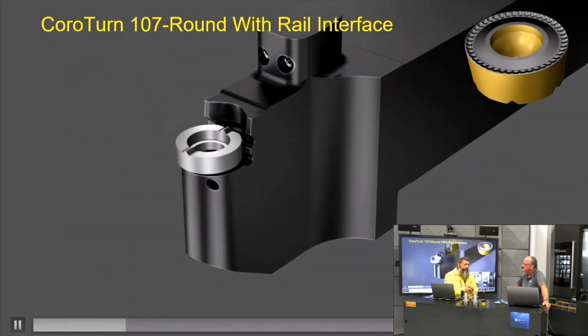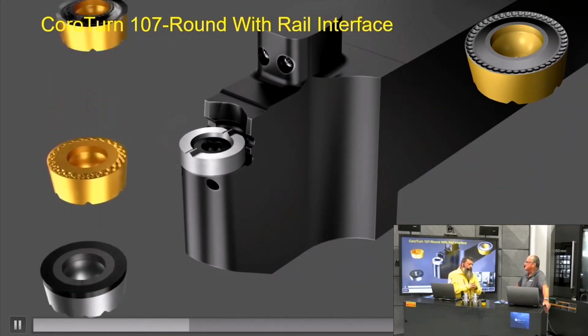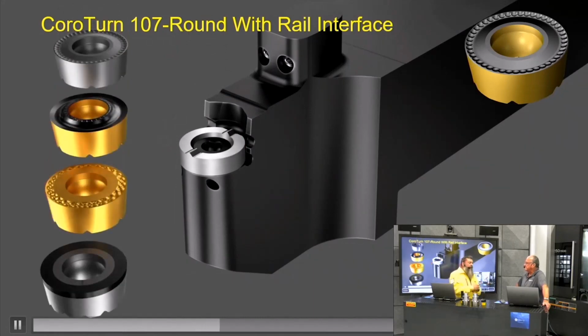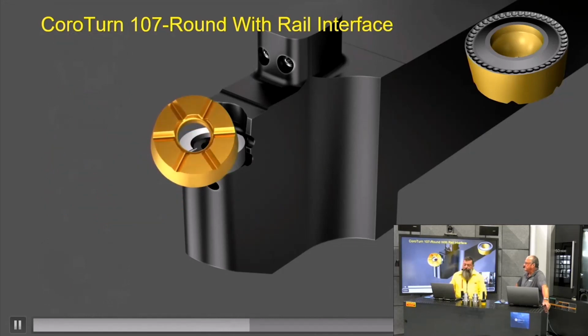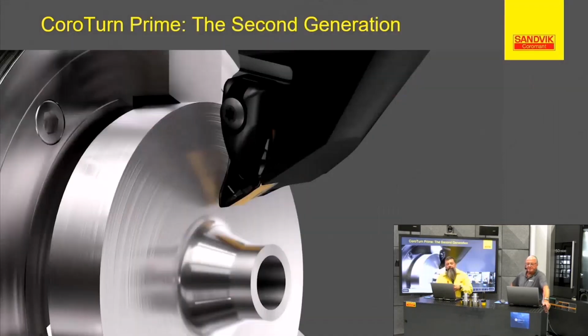And we can realize cubic inches removed with this method, if we don't need square corners, seriously elevated above traditional ISO turning.